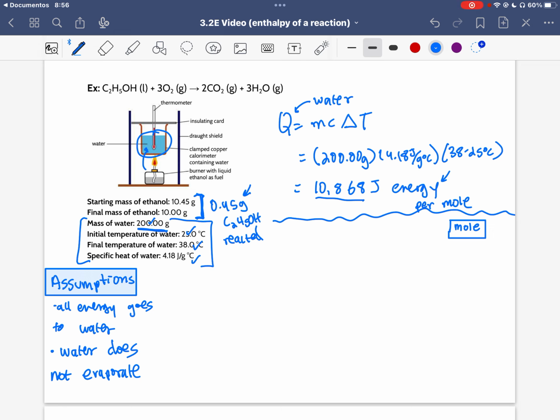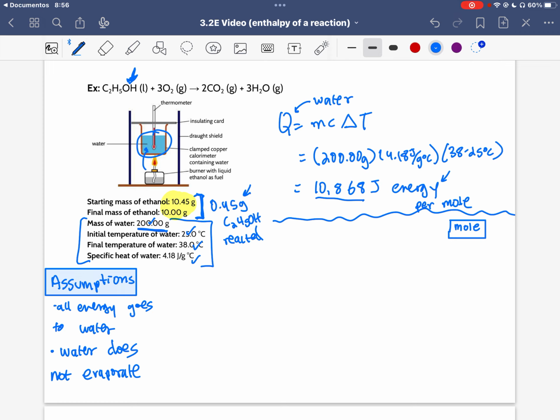Often when we're doing enthalpy of reactions, we put the energy in terms of per mole of the reactant. Sometimes that varies, but those exceptions we can think about in IB chemistry. So whenever we have a reaction like this, we're always going to put it in terms of per mole of the thing that's reacting, per mole of the thing that you have information about.